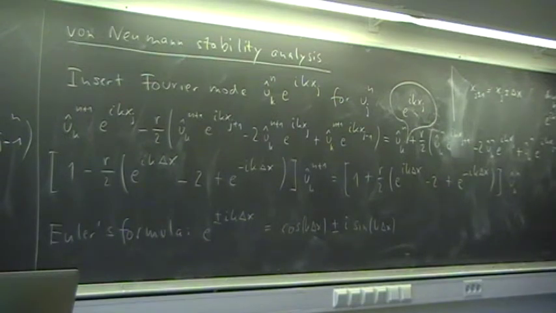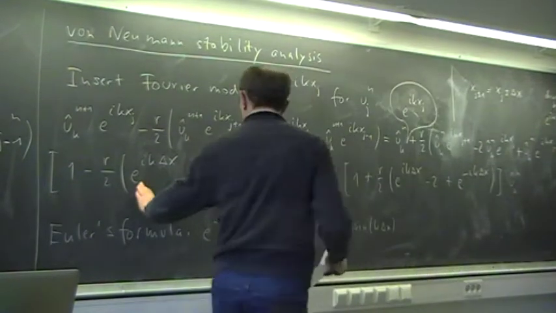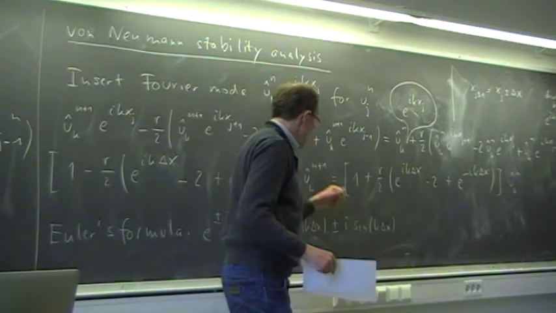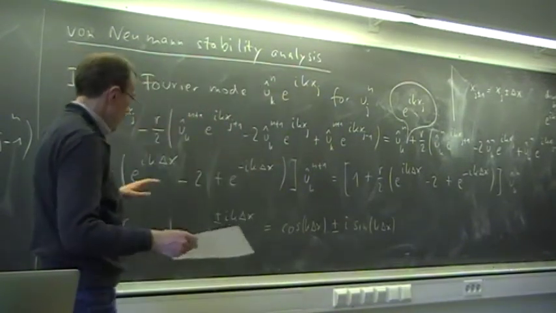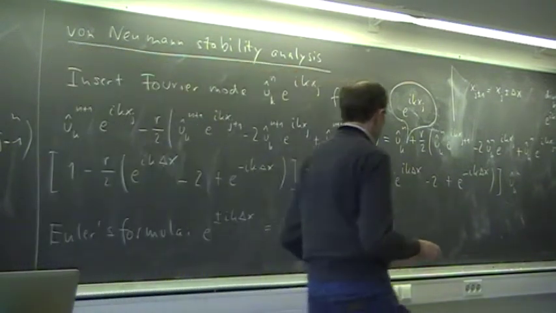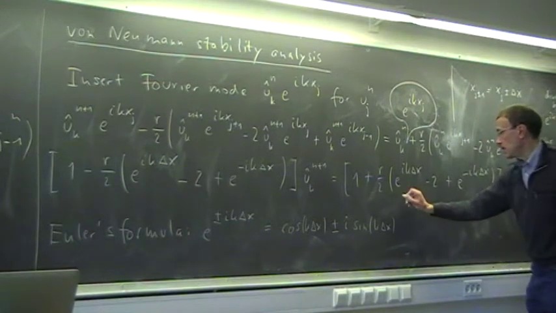So if we use that, we see easily that if we add these exponentials, then the imaginary part vanishes and we get 2 times cosine. So that is here on this side, it's the same on the other side.